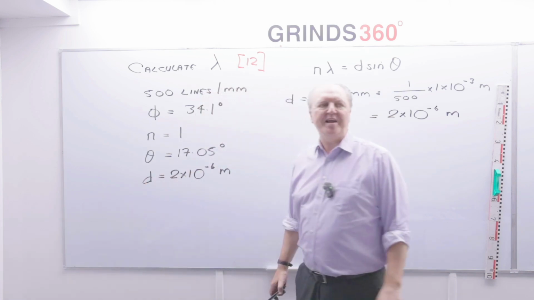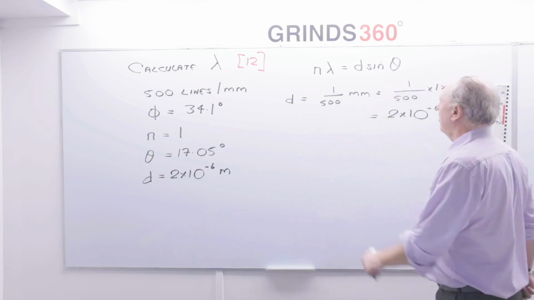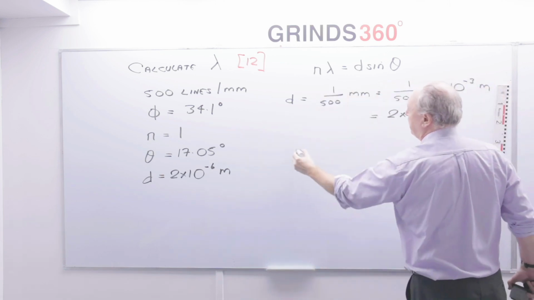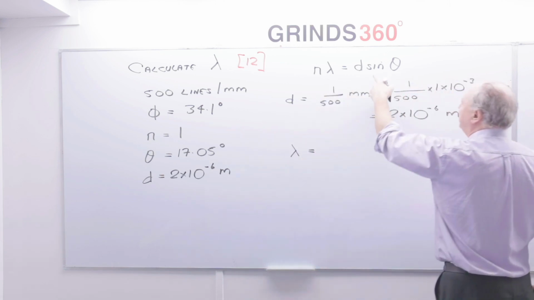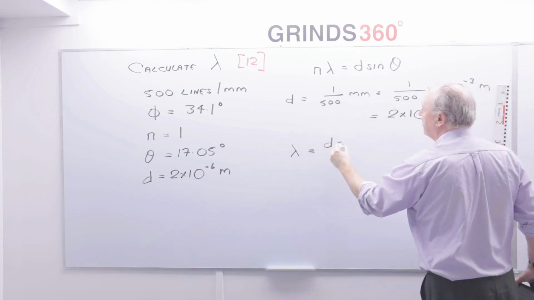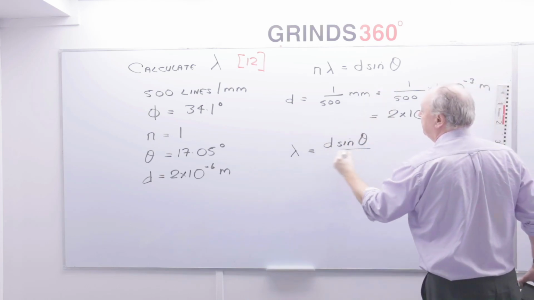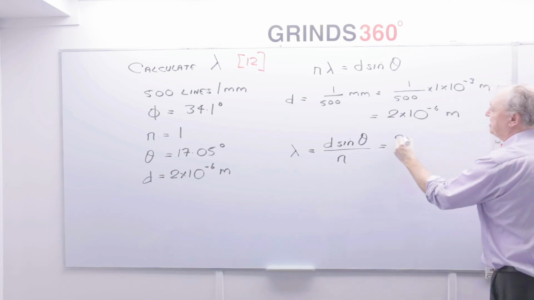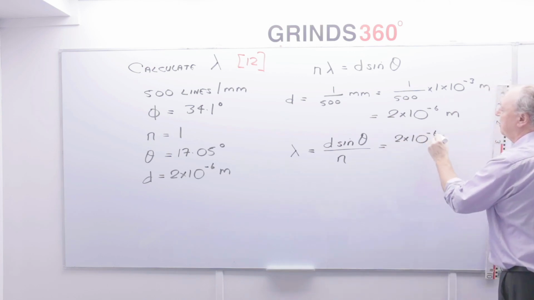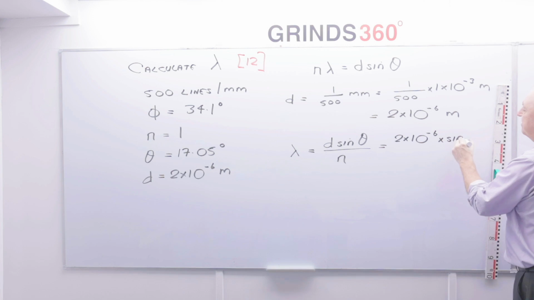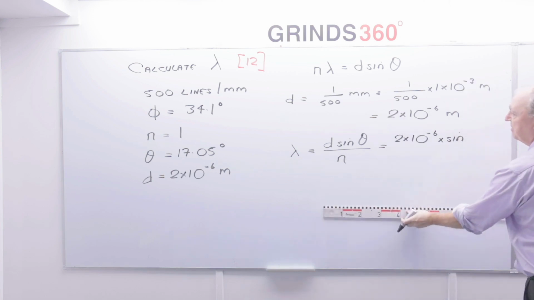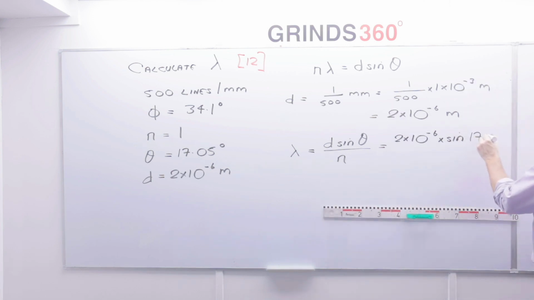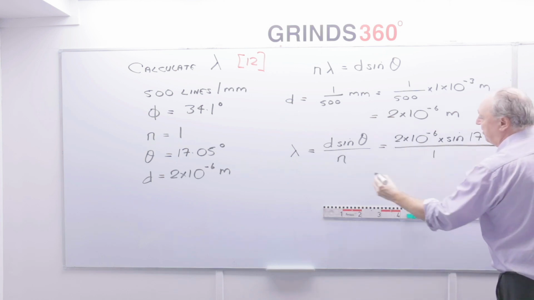So now I'm ready to work out lambda. Writing that formula in terms of lambda, lambda is equal to d sine theta divided by n. So d is 2 times 10 to the power of minus 6 times the sine of 17.05 degrees, all over 1, which I don't have to put in, but I'll write it anyway.